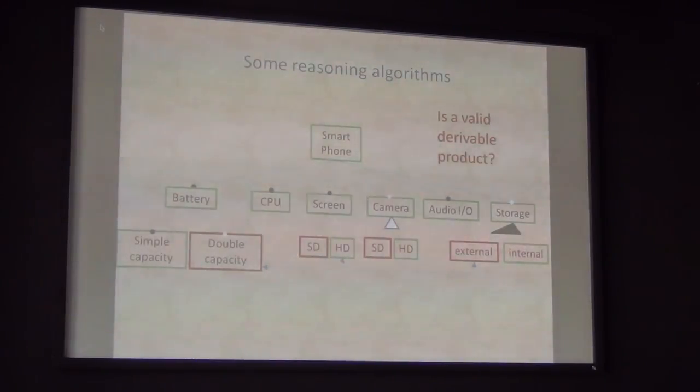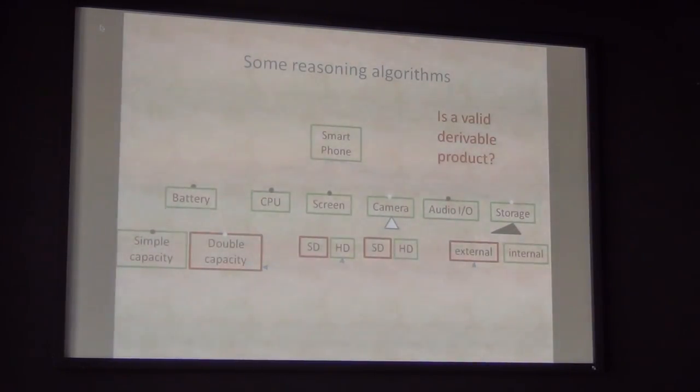So we have this configuration, and we ask ourselves, is this product valid or not? In this case it's not, because we have an HD camera. HD is supposed to require external storage, but external storage is not included in the product, so we have an invalid product. Okay, so these are some examples of the reasonings we could do on the software factory.